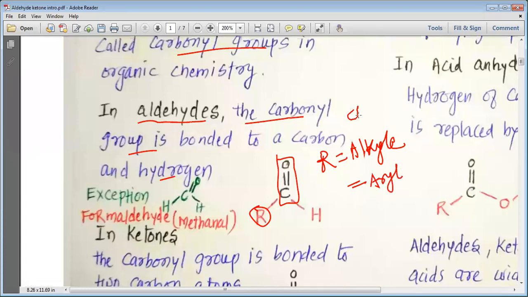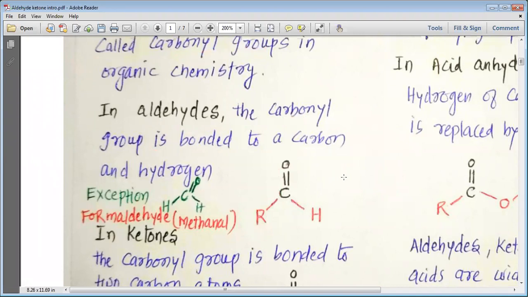Groups like CH3 and C2H5 are called alkyl groups. An aryl group is C6H5. So the carbonyl carbon is directly bonded to a carbon and a hydrogen. Once again, in aldehyde, the carbonyl group is bonded to a carbon and a hydrogen.